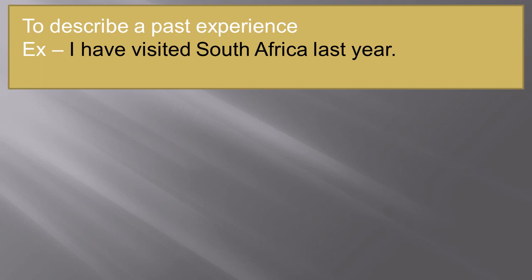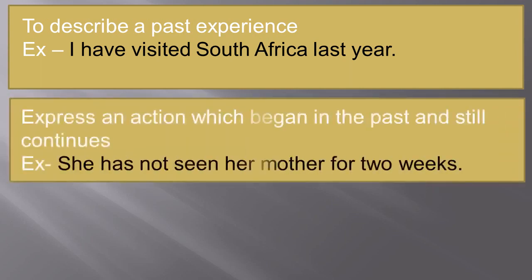We use such things as last year, last month, with such sentences. Another use: to express an action which began in the past and still continues. That means the action has not finished yet and is still continuing in the present.